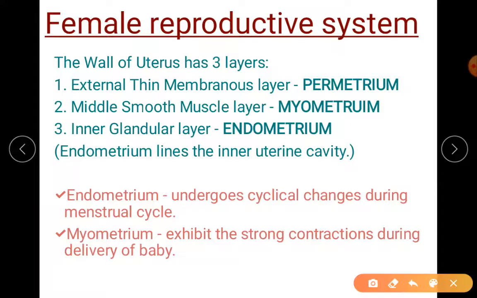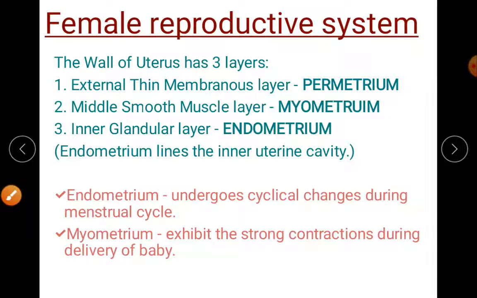Now this womb has three layers. It is stretchable also. So you will understand one by one how this uterus is in its nature. The external layer is thin and membranous. That is why it is helpful for the expansion during the pregnancy period. It is called the perimetrium.